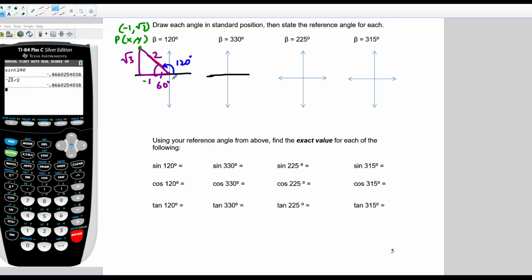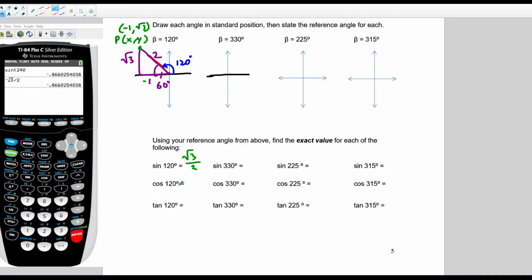As such, if we were to use this special triangle to help us figure out our exact value for each of the following, we can state that sine of 120, looking here, opposite over hypotenuse, is simply √3/2.